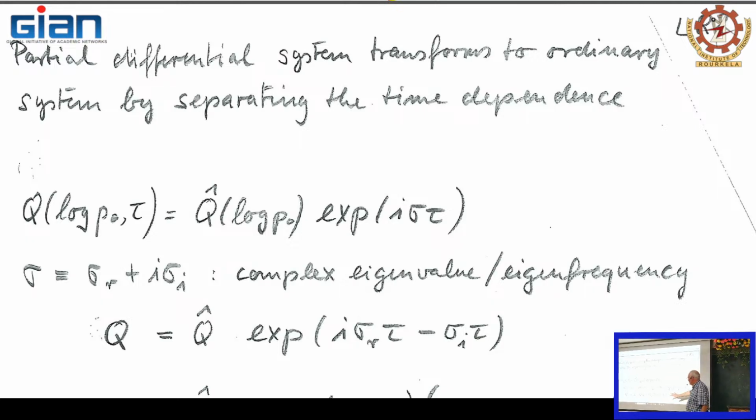Well, this is an exponential which increases or decreases depending on the sign of sigma I. So the sigma I gives us some measure whether the perturbation will, whether we have a decaying or exponentially increasing function.